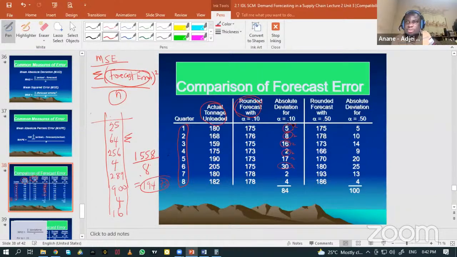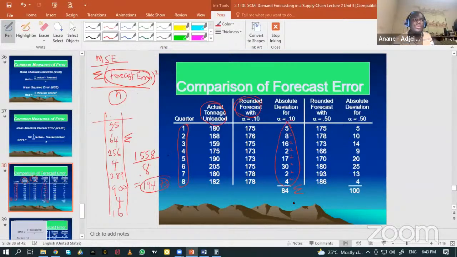So all these figures here, this is a forecast error. This is a forecast error. This is a forecast error. Until we have been able to square every single forecast error, so 5 square, 8 square, 16 square, the 2 square, the 17 square, the 30 square, the 2 and the 4 square, until you are able to square all these figures, we cannot do the actual summation.